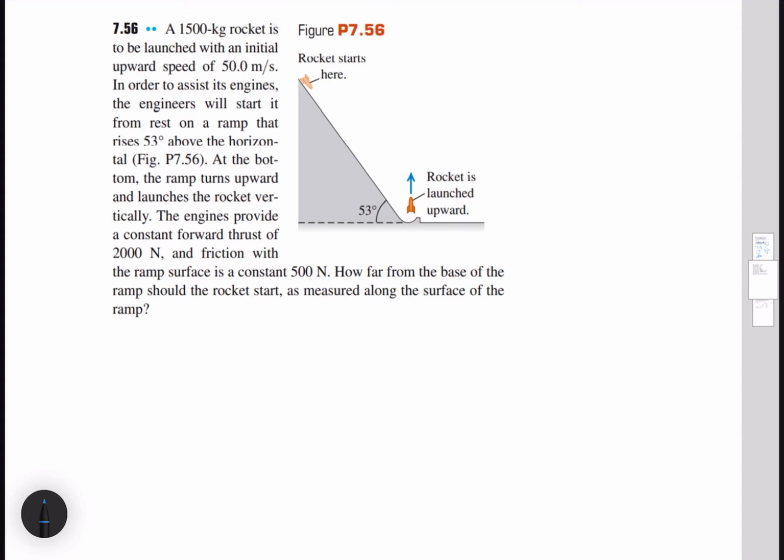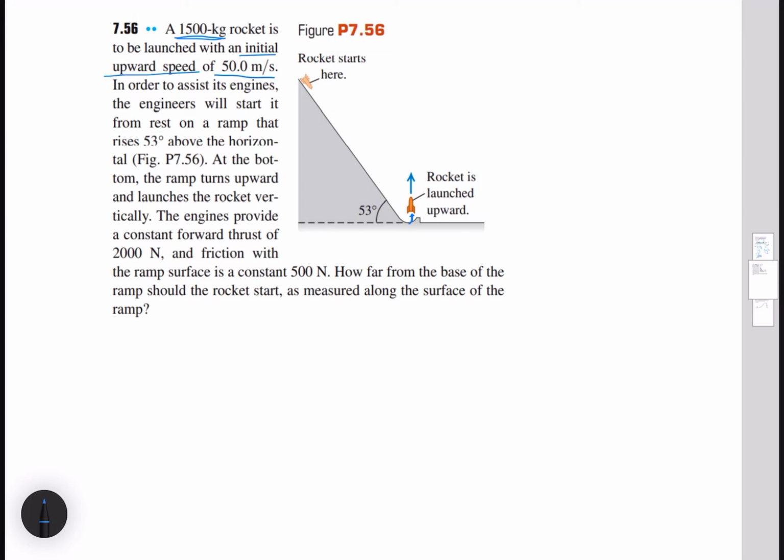Okay, and so if we are going to plot our given now, we have first of course the mass of the rocket, already given at 1,500 kilograms. And then we have here 50 meters per second, which is the initial upward speed. Although it says here initial, it's not actually the start of the problem. It's telling us that before launch, that is, the launch speed is 50 meters per second.